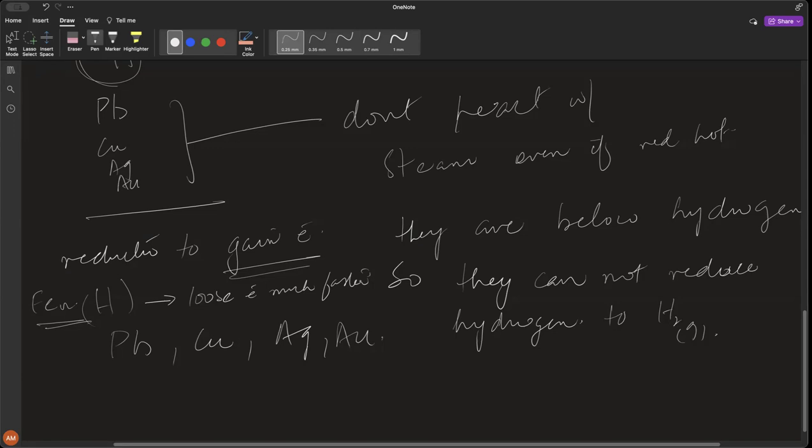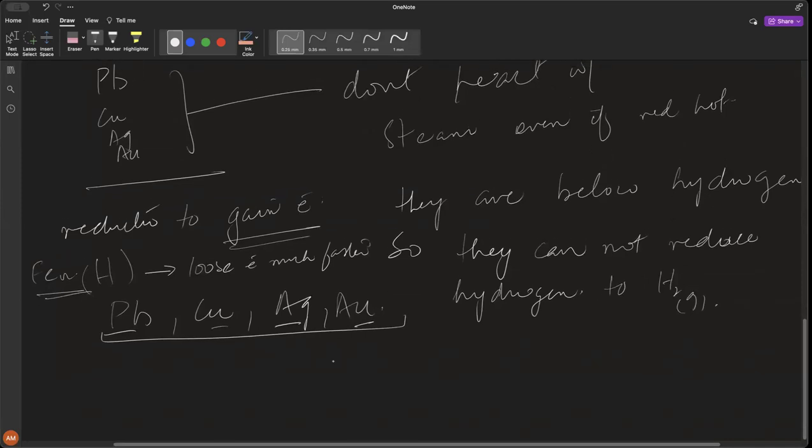Basically, these poor guys, lead, copper, silver, and gold, do not have enough power to give electron to hydrogen and convert that into hydrogen gas, right?